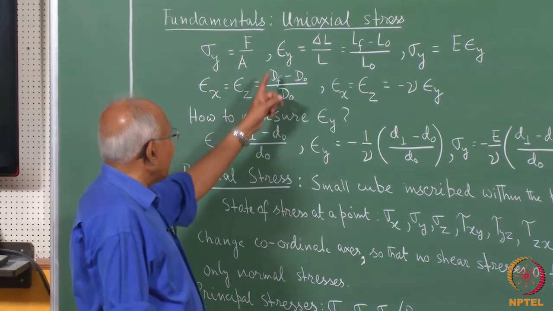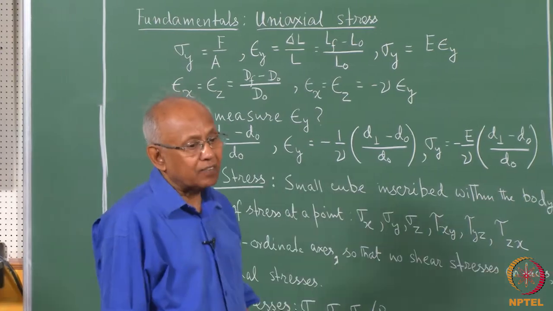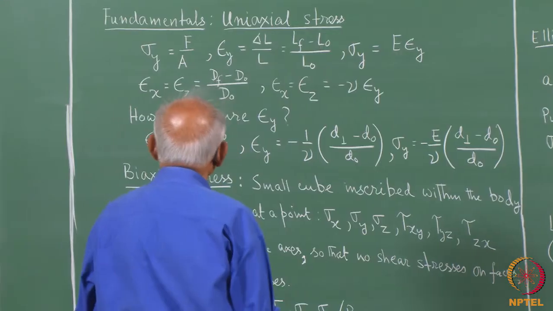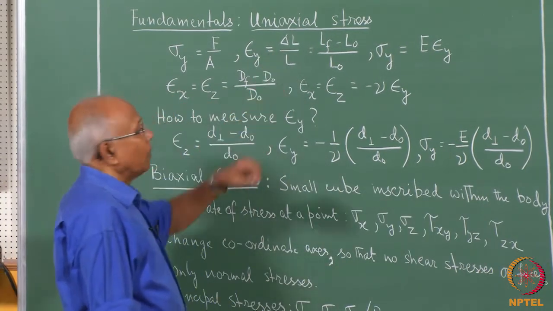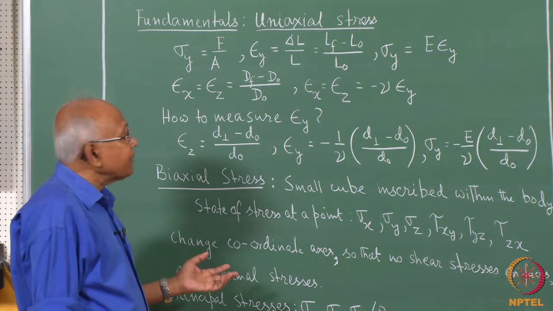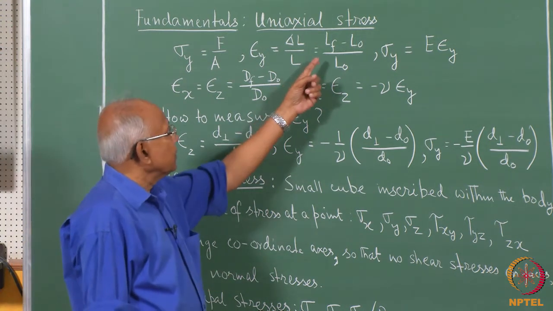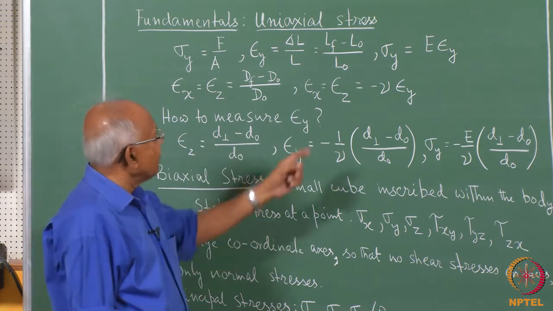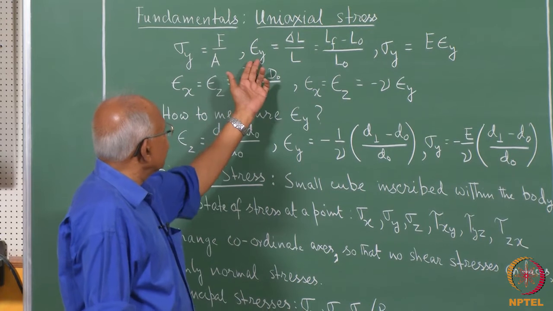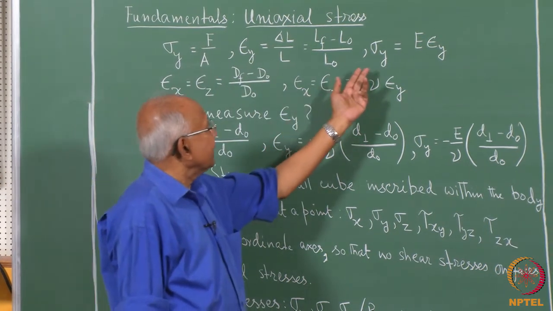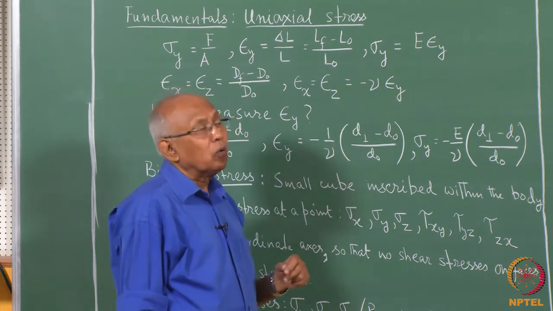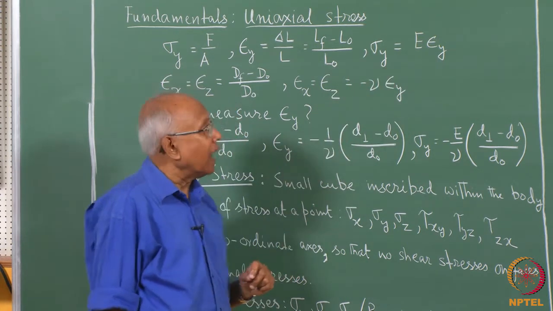Then strain in the y direction, this is the y direction, strain in the y direction will be equal to delta L by L, which is nothing but the final length minus the initial length divided by the initial length. So, from this strain we can calculate sigma y as E epsilon y. E is the Young's modulus.